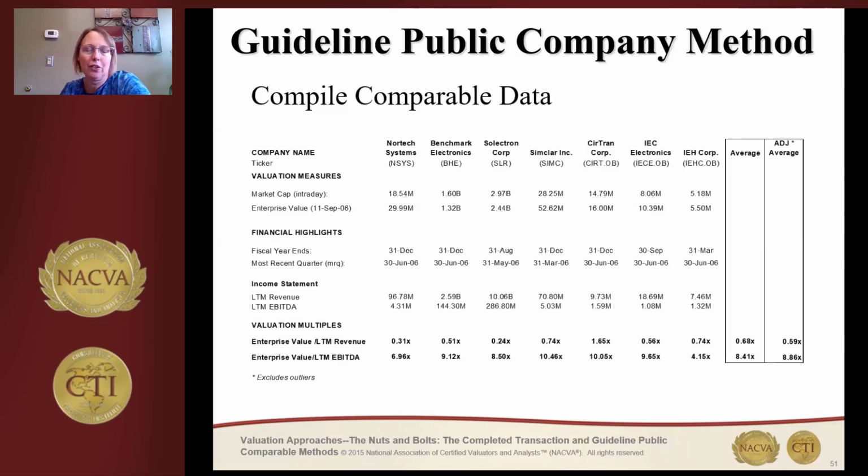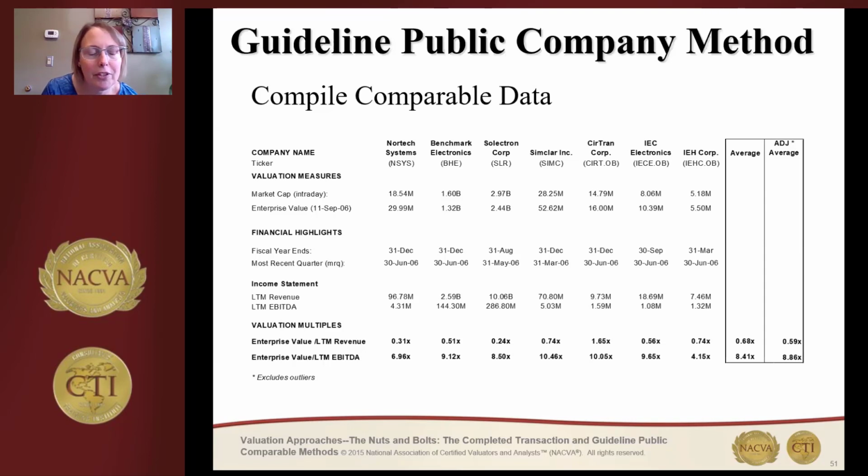Next, you want to compile the comparable data. This is coming directly from the 10Ks and the 10Qs, and you can do some research online. Here you have the company and its ticker symbol on the stock exchange, so Nortech Systems, NSYS. Valuation measures: we have market cap and enterprise value. Financial highlights: when was their year end, what's their most recent quarter.